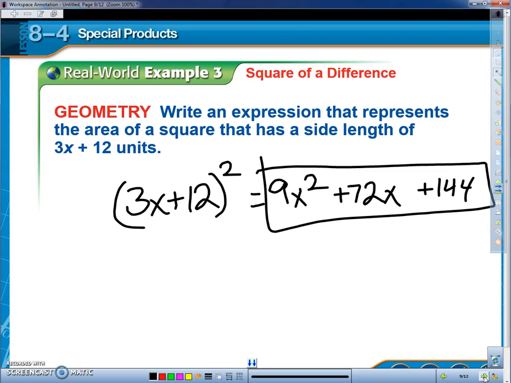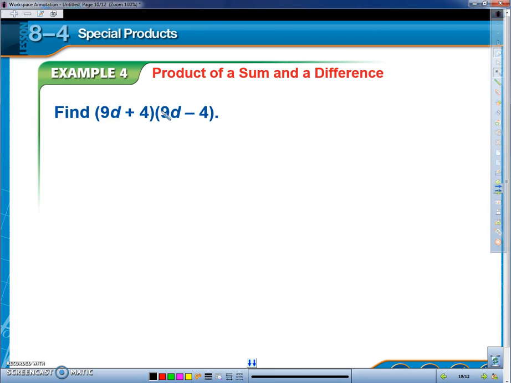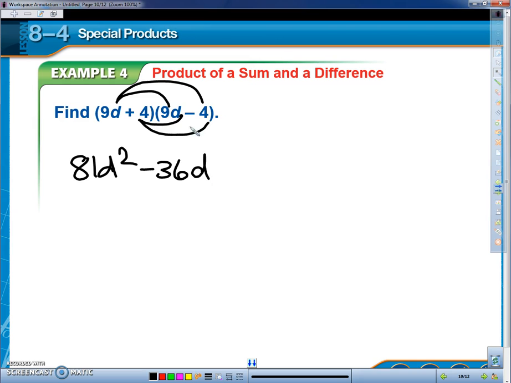All right, going on. We only have a couple more slides. What if one is positive and one is negative? These are going to be your favorites. These are the best ones. So we've got that. 9d squared is 81d squared. 9d times negative 4 is negative 36d.